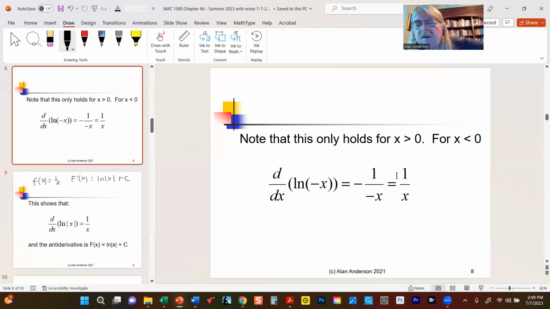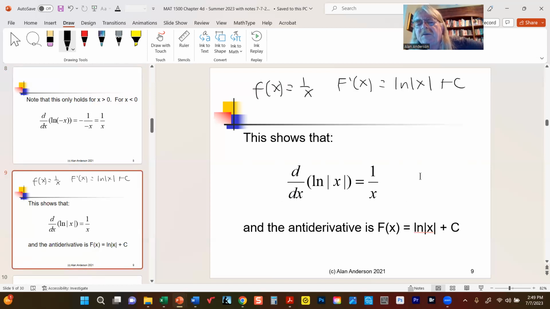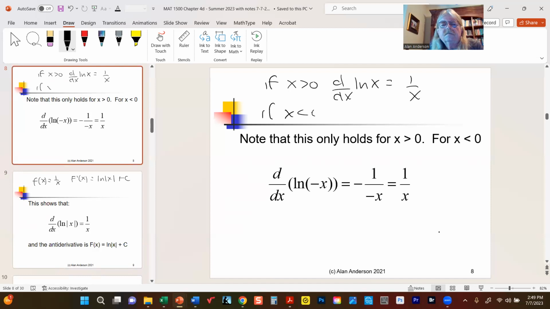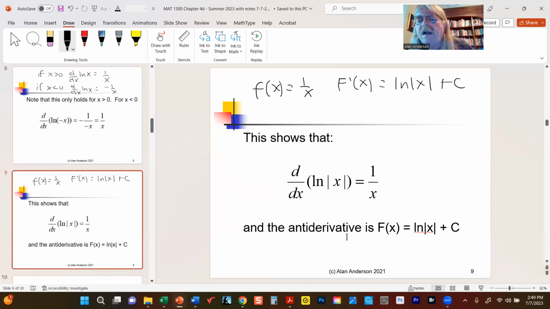Either way, we're going to wind up with the same result, so we're going to use the absolute value sign to show this. And so in general, the antiderivative of 1 over x will be log absolute x plus c. That's one of the unusual cases. You'll also run into this with some of the trig functions.